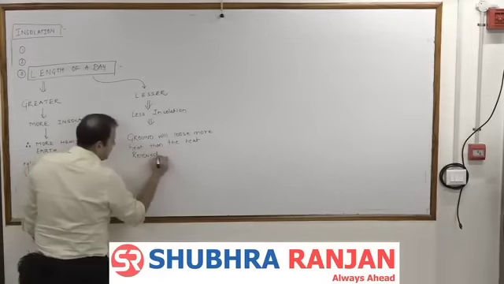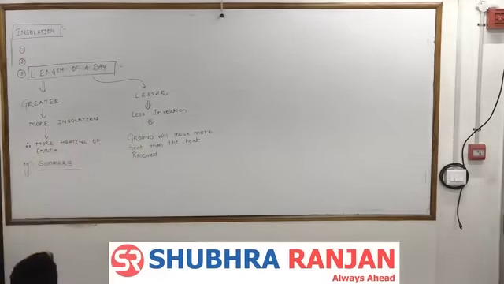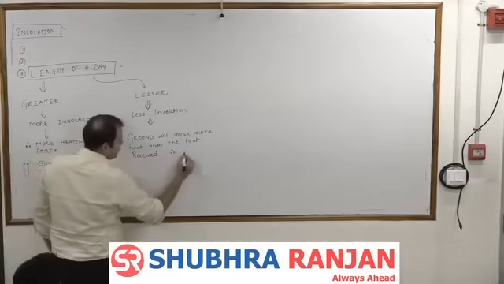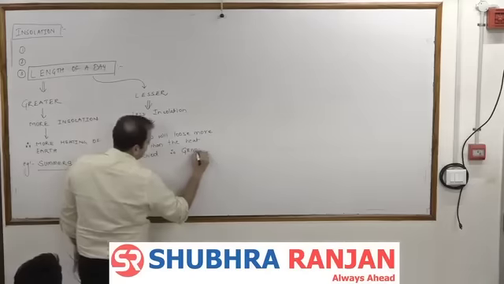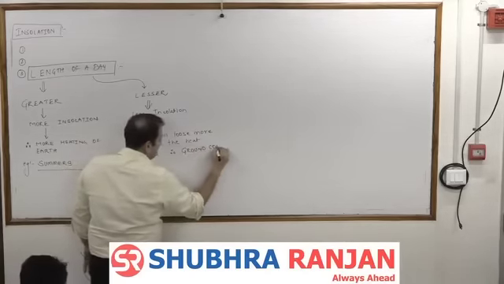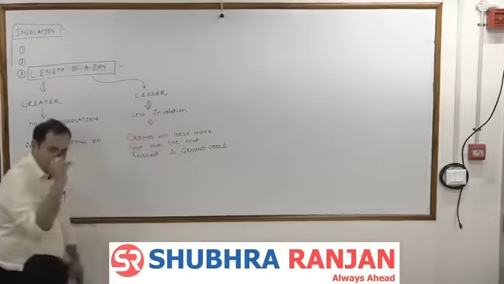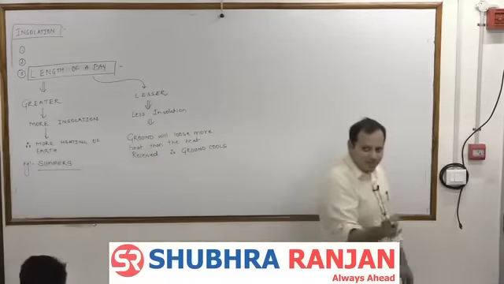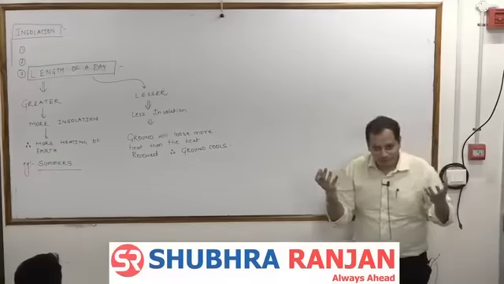So more heat is being lost. So if anybody loses the heat, matlab kya? Therefore ground cools. Fine. You will realize in some days that without socks, Delhi mein rehna possible nahi hoga. Why? Because the ground will be very, very cold.